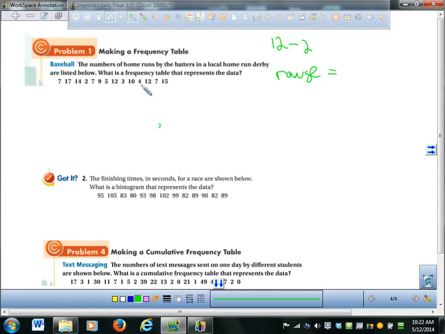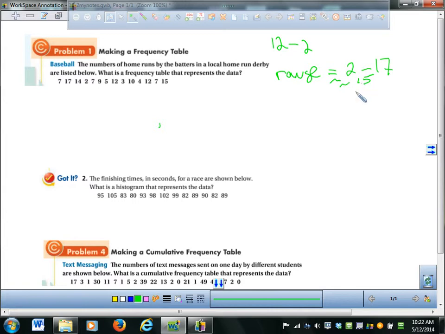So in this case, what's the smallest number? The smallest number is 2, and the biggest number is 17. So it goes from 2 to 17, and so that's about 15 units apart.